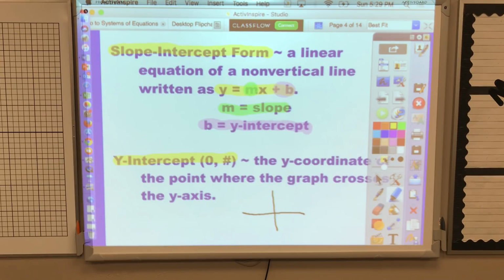The definition of a y-intercept is the y-coordinate of the point where the graph crosses the y-axis. So it can be anywhere on that vertical axis. Your y-intercept is 0 and then a number. That's what it's representing in that equation.